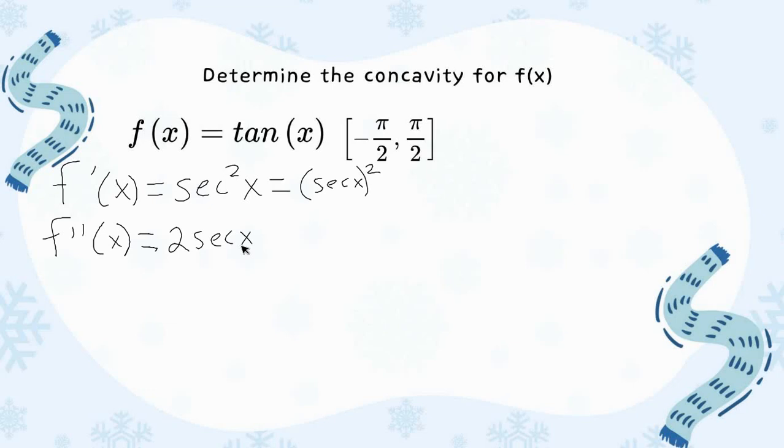Now the second derivative is the derivative of the outside times the derivative of the inside, so it's the derivative of secant. So we remember, it is secant tangent.